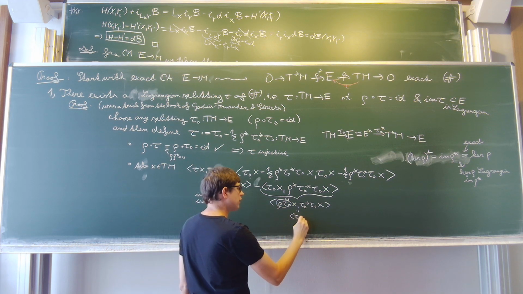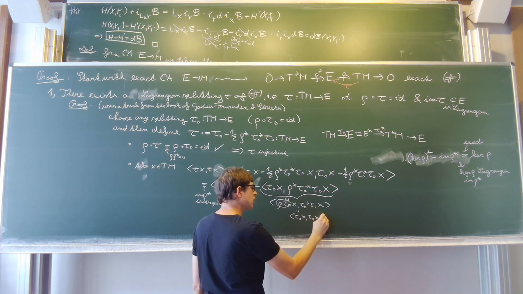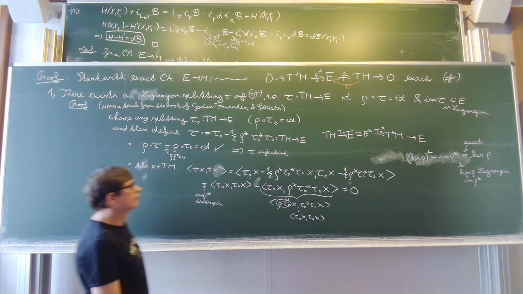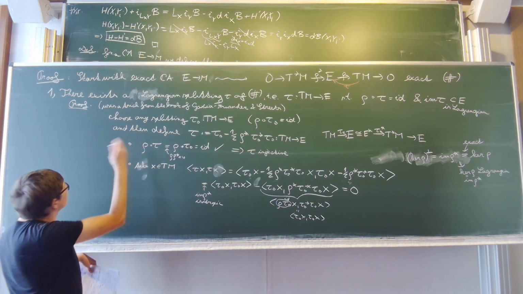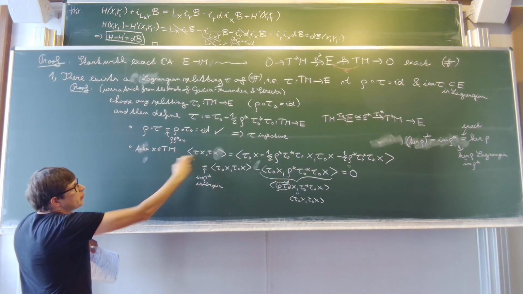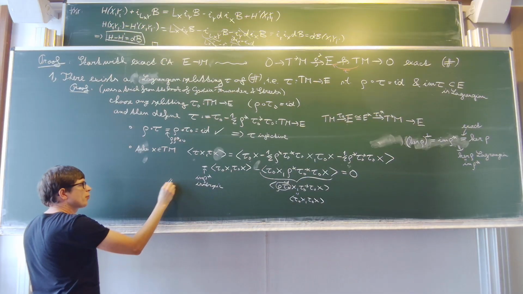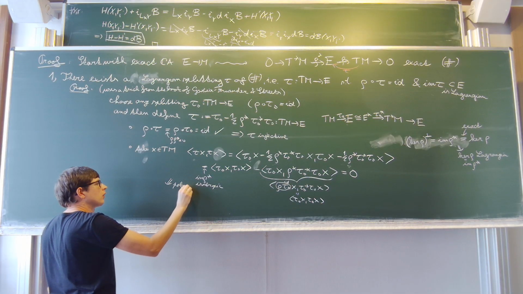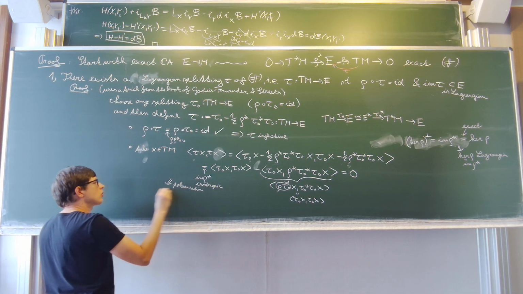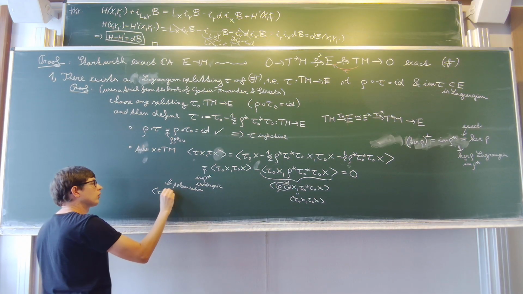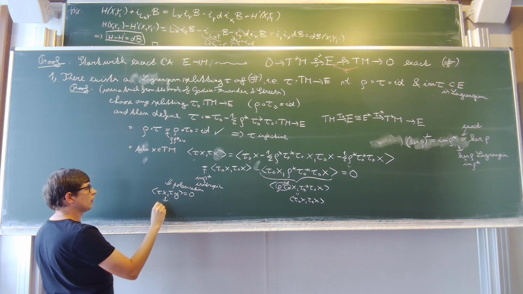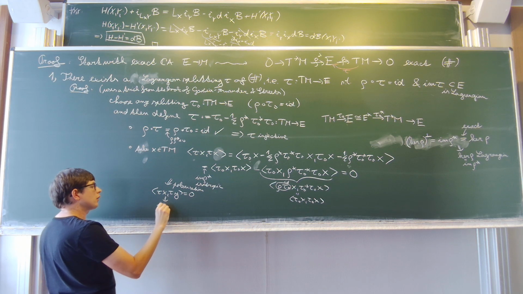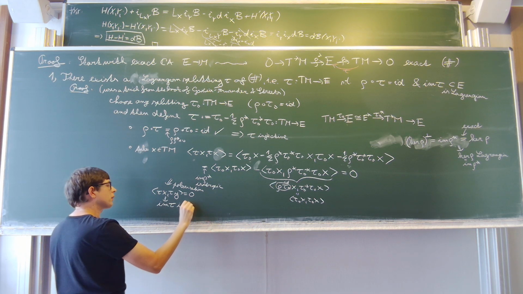And I get precisely tau 0 x paired with tau 0 x, and things cancel. Okay, a little bit of a cheap trick. Oh, okay, we haven't finished yet. So we know that this is 0 for all x. So by the polarization identity, we know that it's actually true for any x and y. And hence, the image of tau is isotropic.